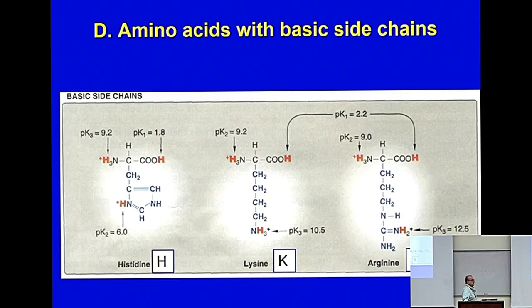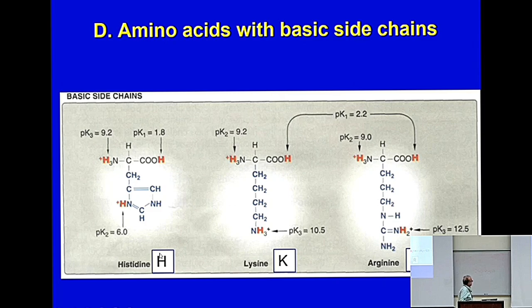Now, the importance of histidine physiologically is that if you look at this nitrogen and this proton, and you look at its pK2. Let me explain what pK2 is. pK2 is the pH at which this proton is half dissociated.